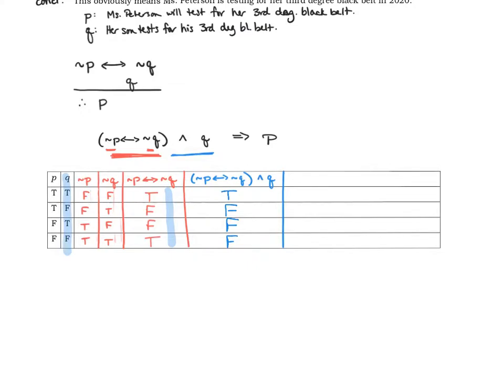Then, last but not least, get rid of my highlighting here again. All right, so last but not least, we're going to go ahead and do the entire statement. Okay, we're going to take that entire statement, and I'm going to again use square brackets to separate it out, make it a little clearer what's going on.